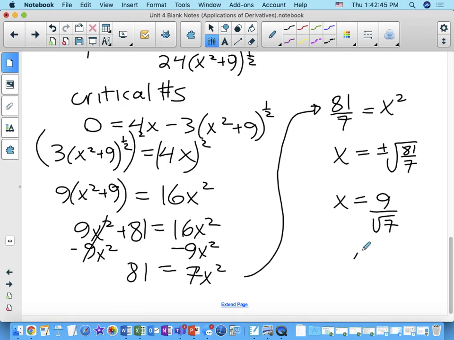And that's approximately, I don't know, what is that? It's about 3 point something. 3.4. Okay, so that's where he's going to park his boat.